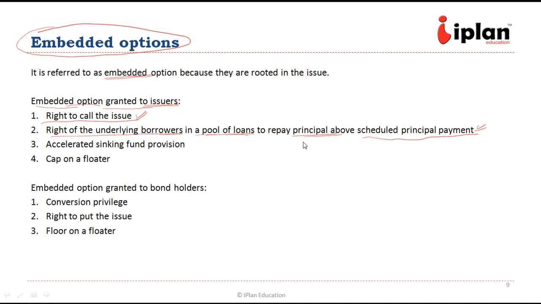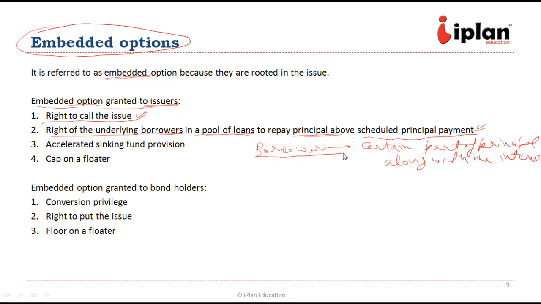For example, if in our bond document there is an amortization schedule according to which the borrower is expected to pay a certain part of the principal along with the interest, okay, so this is according to the schedule.